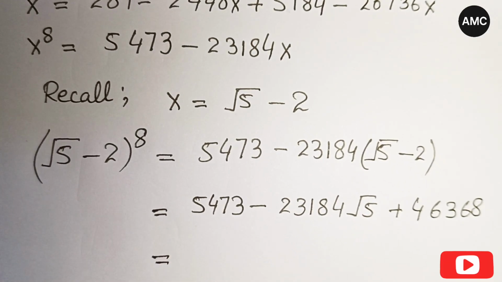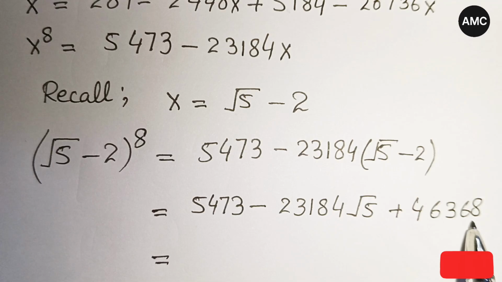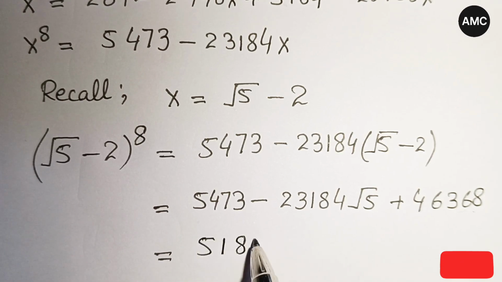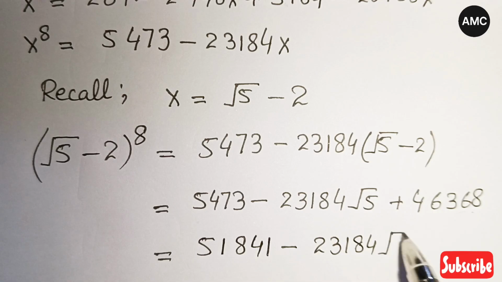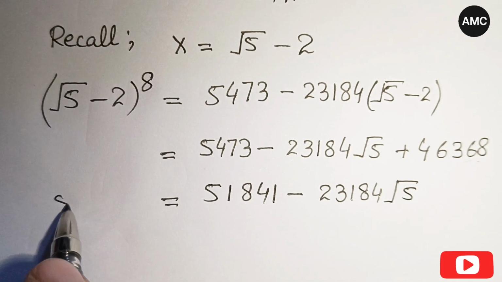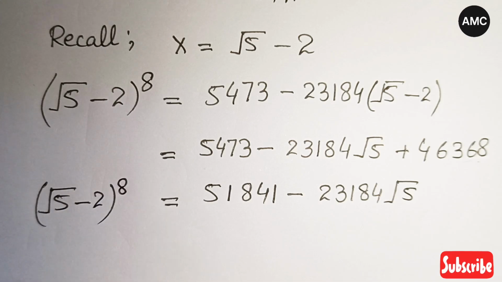So our next step is 5473 plus 46368. Here we will get 51841 minus 23184 times square root of 5. So it is the simplest form of square root of 5 minus 2 whole to the power 8.